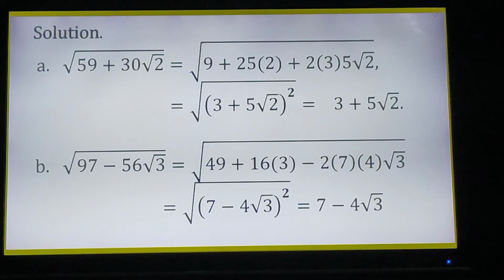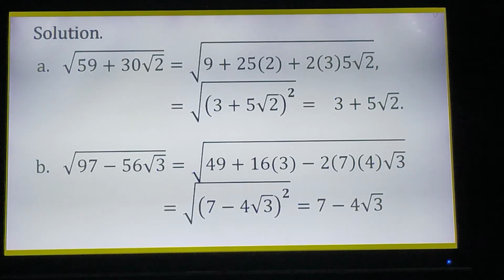And among these choices, we have 9. And then the remaining number is 50. And so we check if 50 is a square multiple of 2. And it's correct, because 50 is 25 times 2, and 25 is a perfect square.